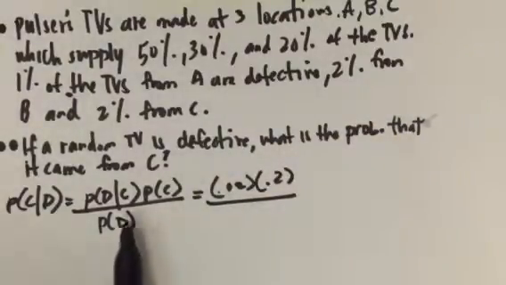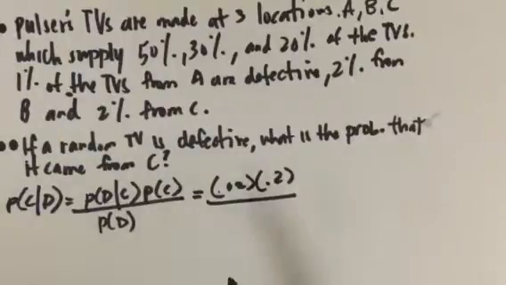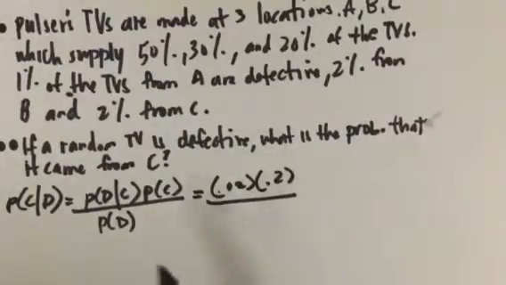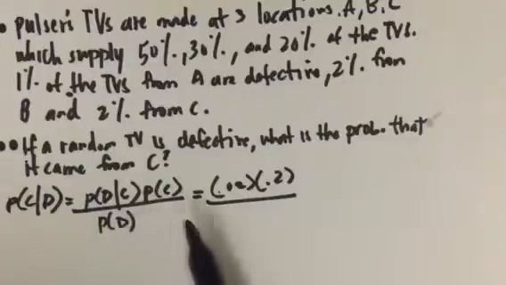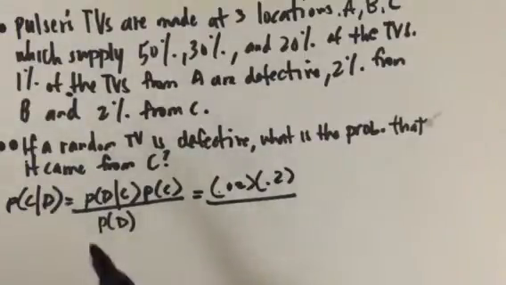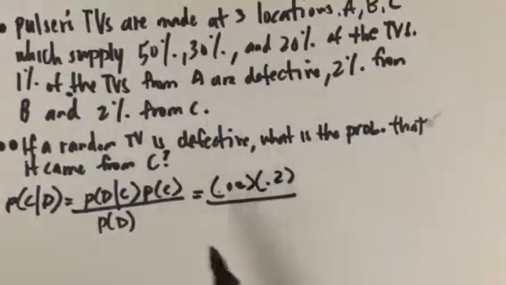And the probability of D is just the probability of the TV being defective in general. So for this part right here, you just add all of the possibilities of the TV being defective.